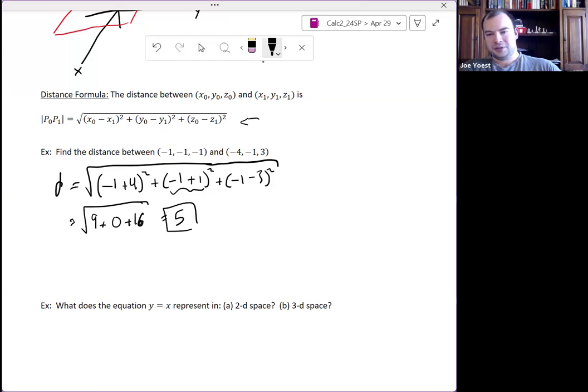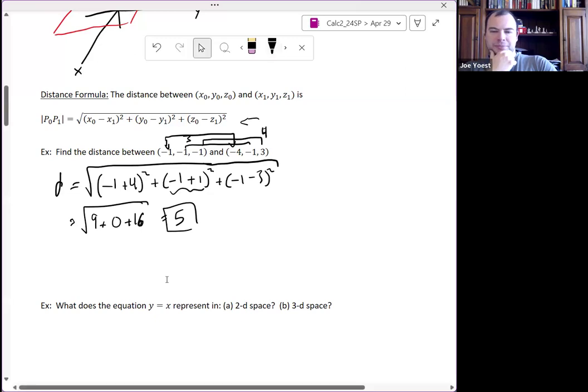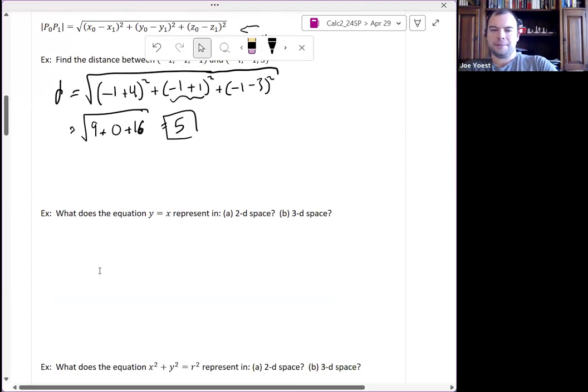My x position changed by 3 units, y by 0, and z by 4. So this is just a 3, 4, 5 triangle. Pretty straightforward, I think, for the distance formula. Basically the same as 2D.